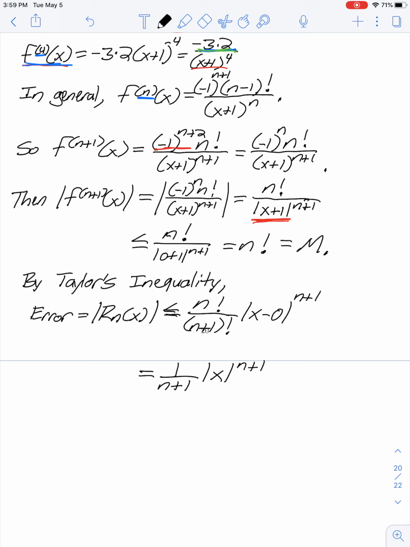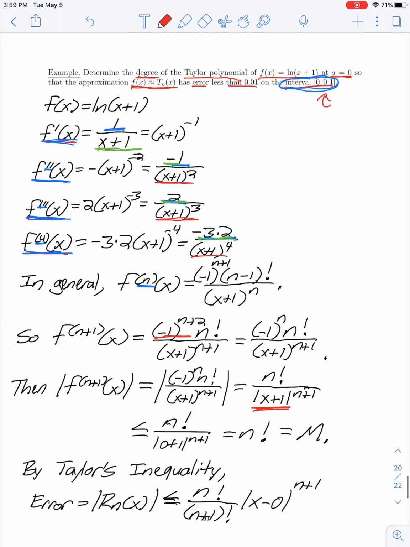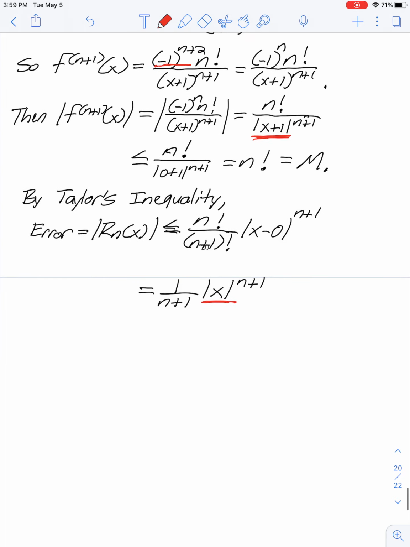Now, on our interval, we want to know what the worst possible error could be. So in order to maximize this expression, we would want to take the largest value of x possible on our interval. Recall here our interval was from 0 to 0.1, so the largest value of x is 0.1 or 1/10.